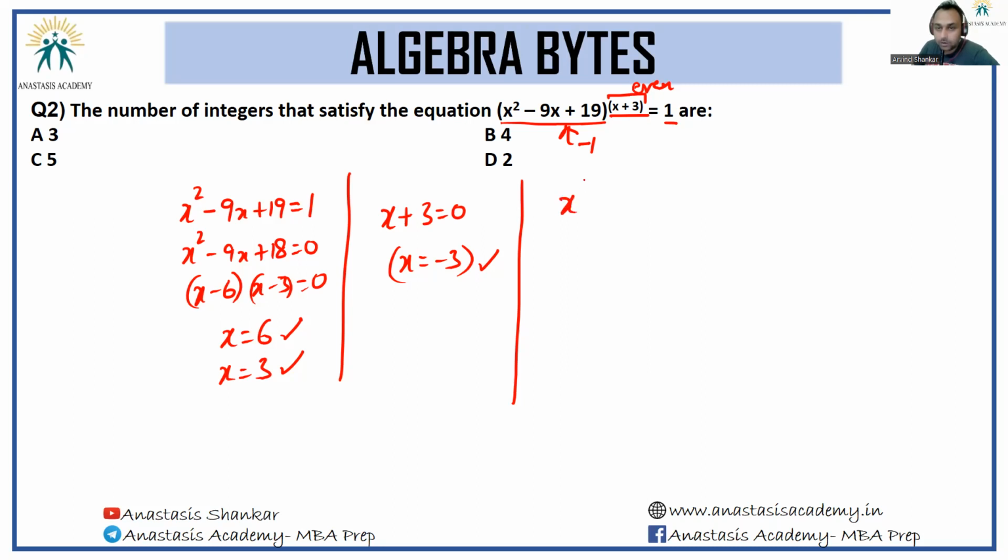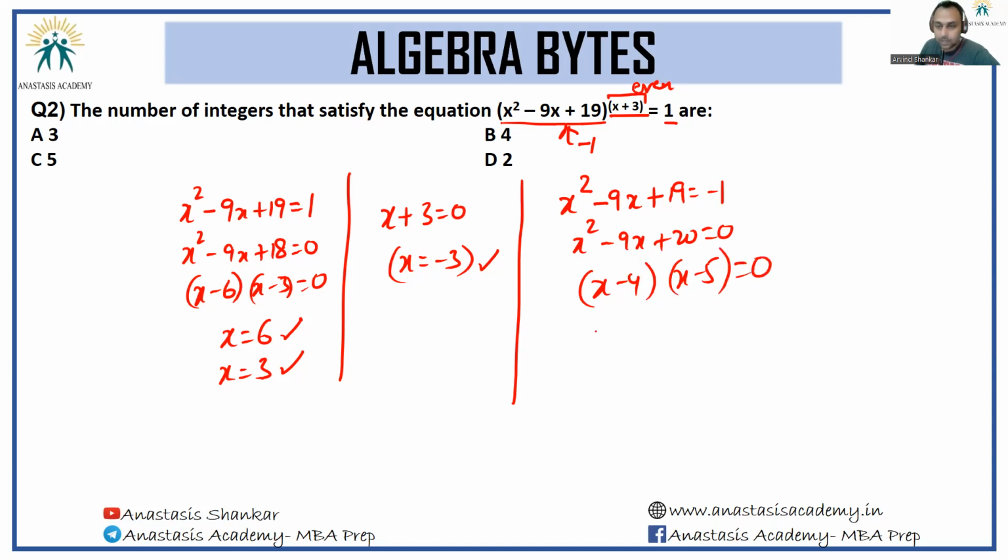So let's find out: x² minus 9x plus 19 is equal to minus 1, or x² minus 9x plus 20 is equal to 0, or (x minus 4)(x minus 5) is equal to 0. Now see, at x equal to 4, the power would not be even, so this is not an acceptable value. But at x equal to 5, the power would be even, so yes, this is also an acceptable value.